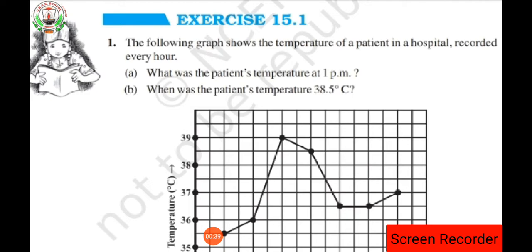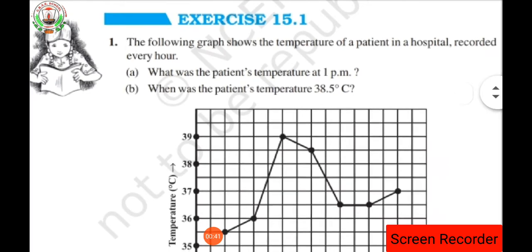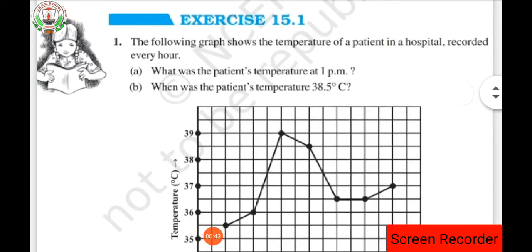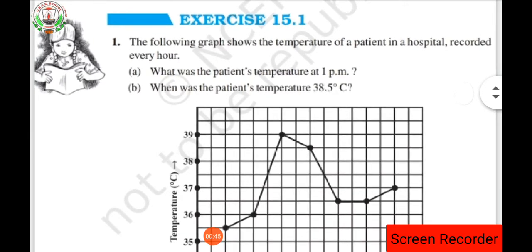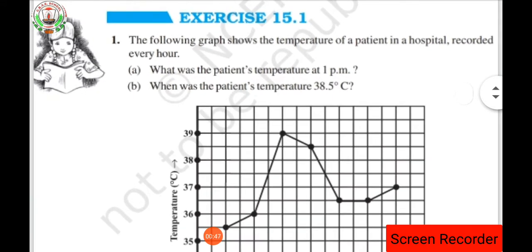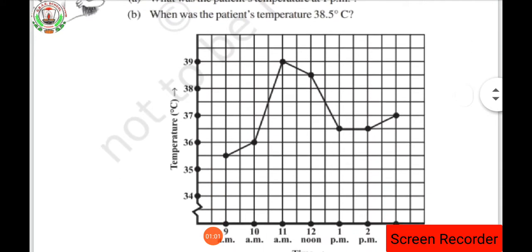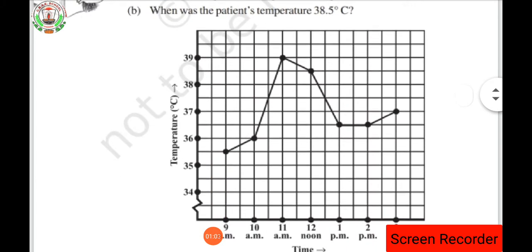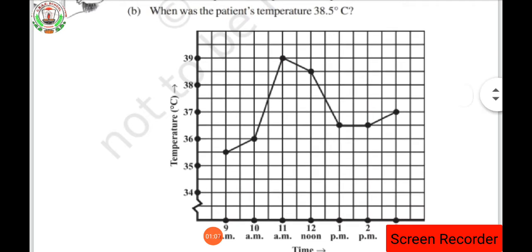In the first question it is said that the following graph shows the temperature of a patient in a hospital, recorded every hour. A: What was the patient's temperature at 1 p.m.? B: When was the patient's temperature 38.5 degrees Celsius? C: The patient's temperature was the same two times during the period given.